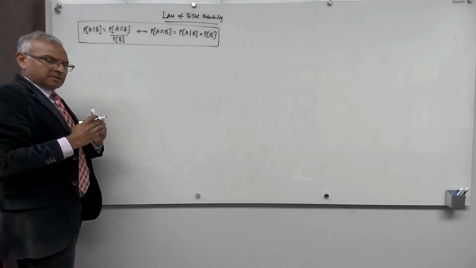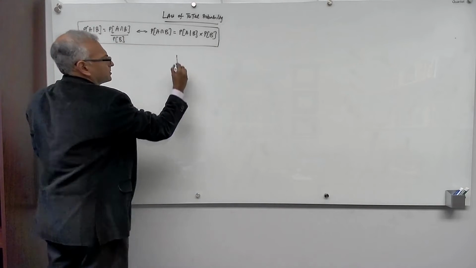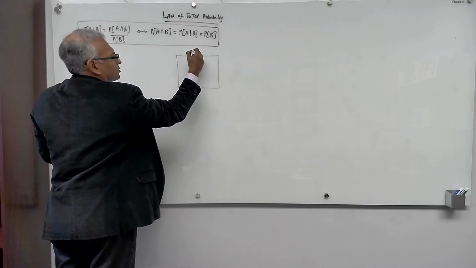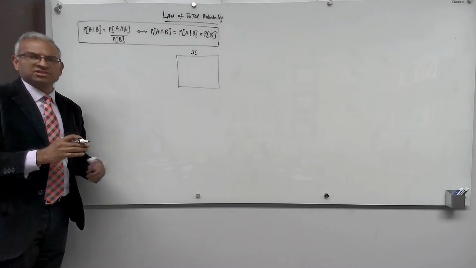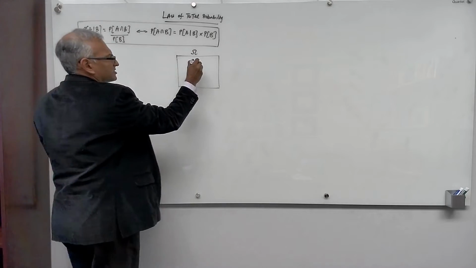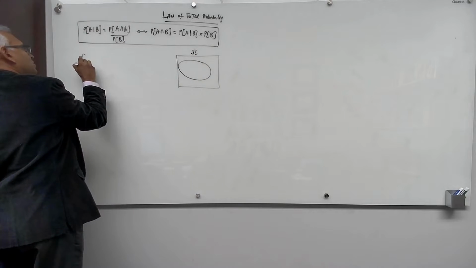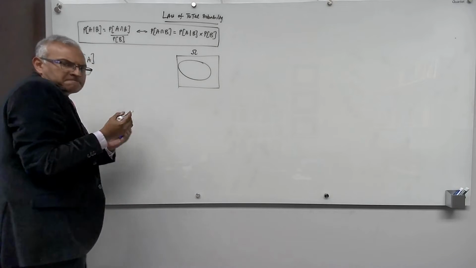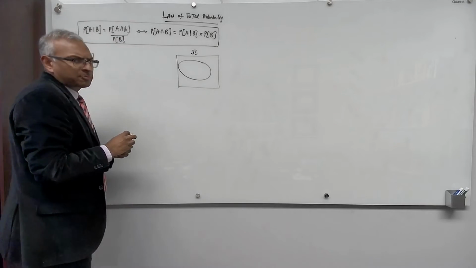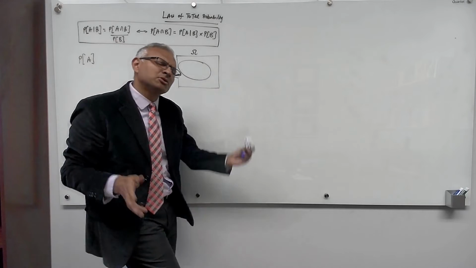Okay, now let's go back to the sample space. So we have the sample space, which is omega, the set of all possible outcomes, and consider an event A. We're interested in the probability of the event A. Now suppose that there's another event B, since we've been talking about conditional probabilities.